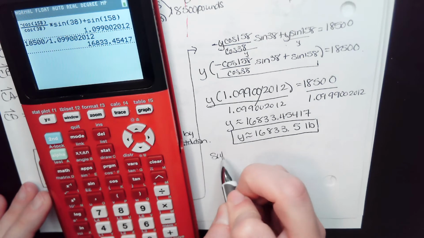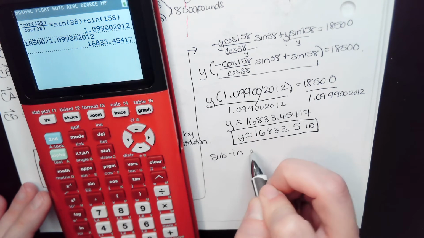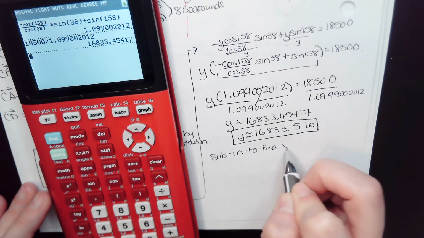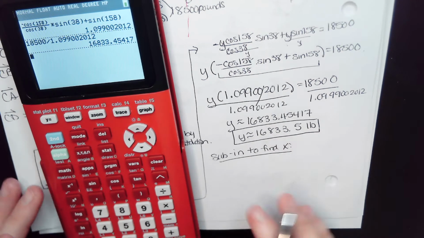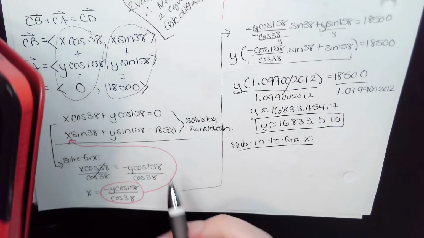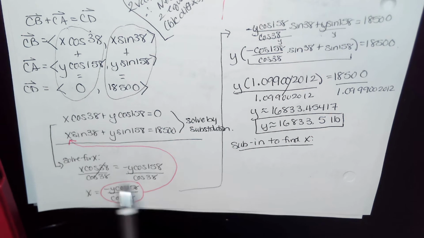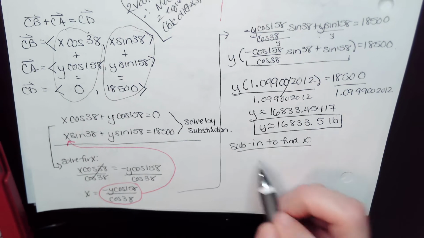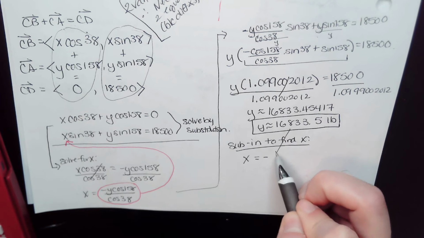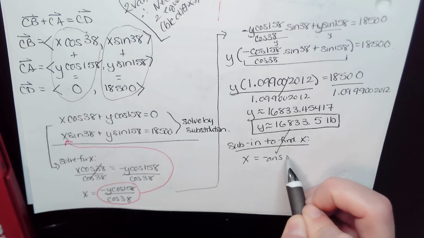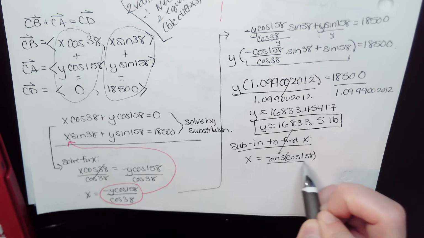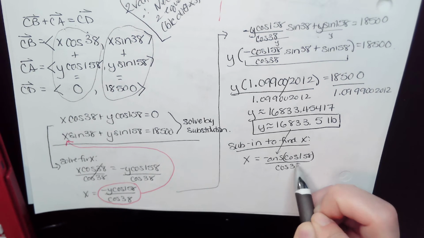So not as much work, but again can be a little tricky because there's so much going on here. So now we're going to sub in to find x. So I'm going to use this one over here because I already have it solved for x. So I'm going to take x equals negative this answer times the cosine of 158, divide that by the cosine of 38.